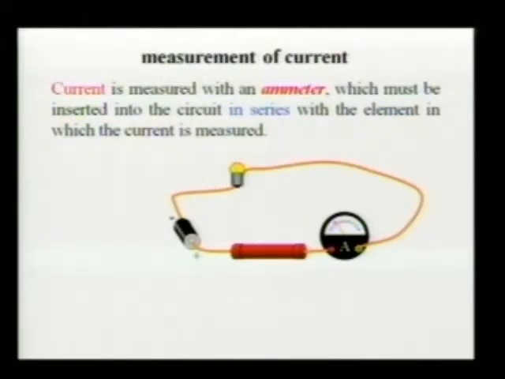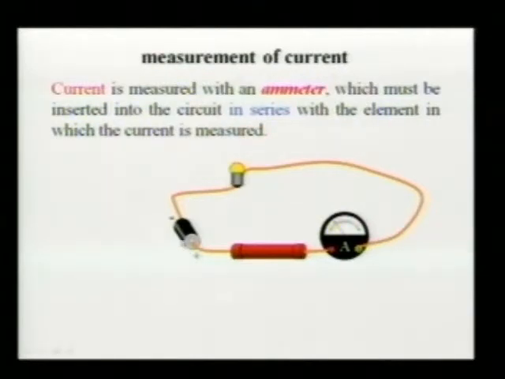The charge doesn't get compressed anywhere. There is only one device which has this capability, accumulating charge at a particular place. What is it? Capacitor. Charge on the capacitors can change, but in the wires, no.